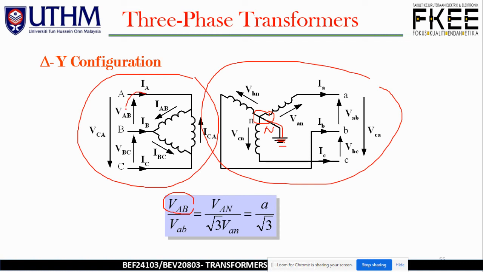It doesn't make any difference between line and phase here. The VAB and also the VAN. This is for the star, and VAB, this is between line to line, the line voltage. Once you convert into phase, make sure you multiply by square root 3 as shown over here. And this is nothing but E over square root 3.